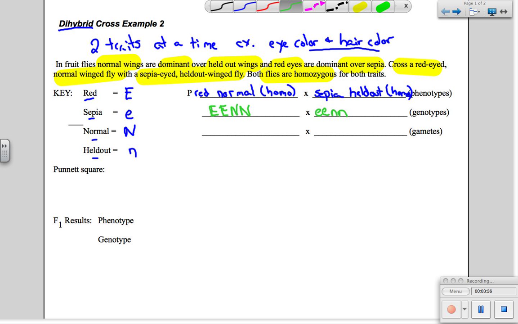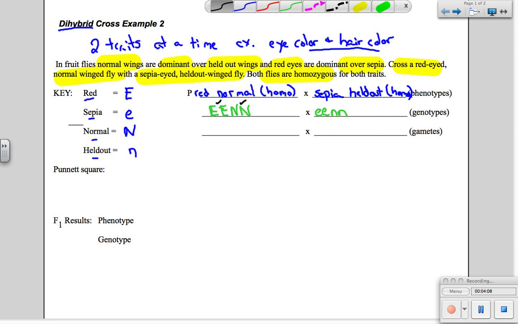The next step is to write out the possible gametes. What are the different combinations of gametes I can have from this parent? Alright, this is where we need to stop and pause and really think about what we're doing here. How many traits are we considering in this cross? 2. We have the letter E trait and we have the letter N trait. 2 traits. So how many traits do I want in each of my eggs or each of my sperm? That's right. I want both of those traits.